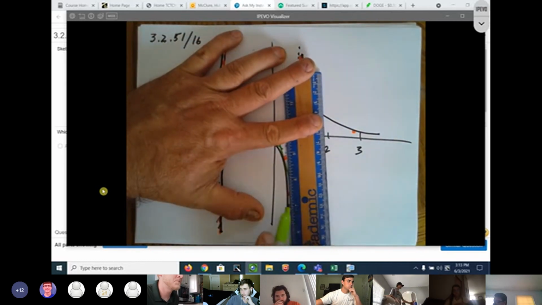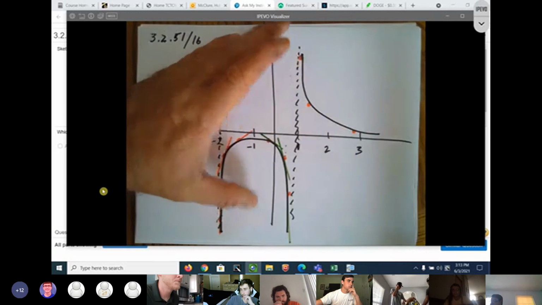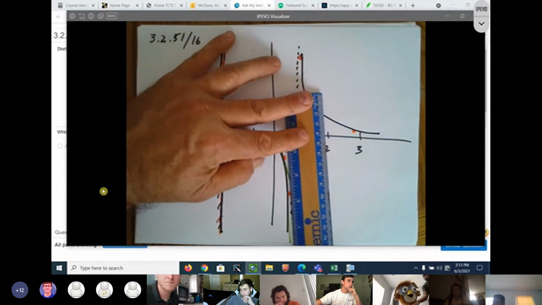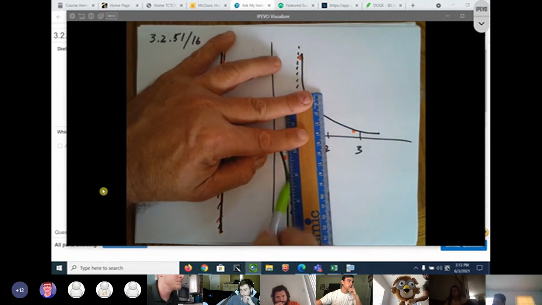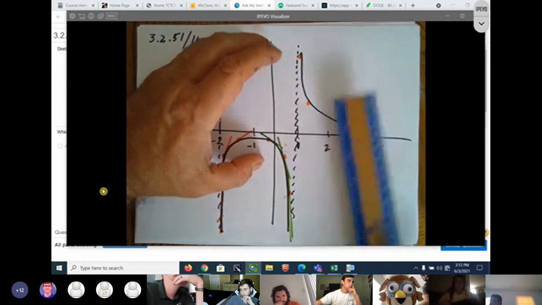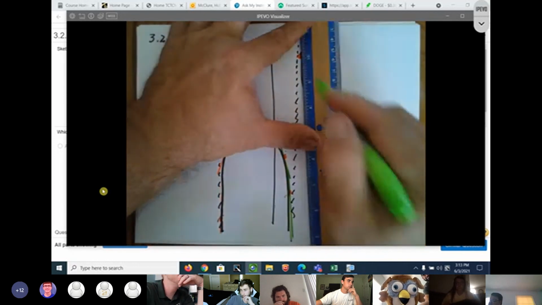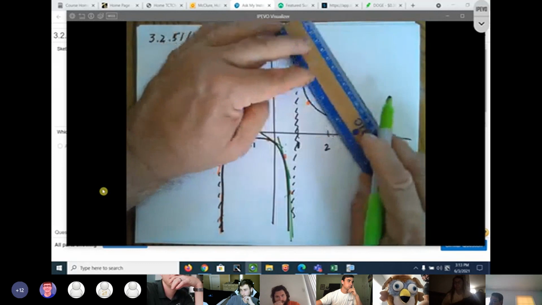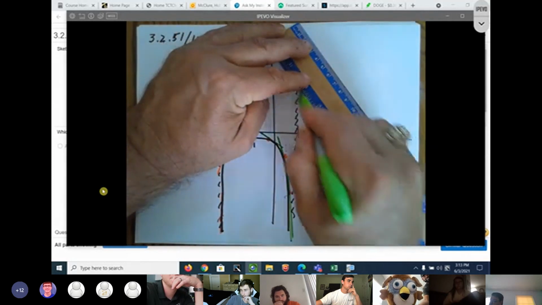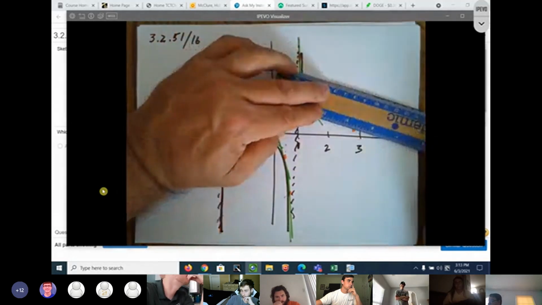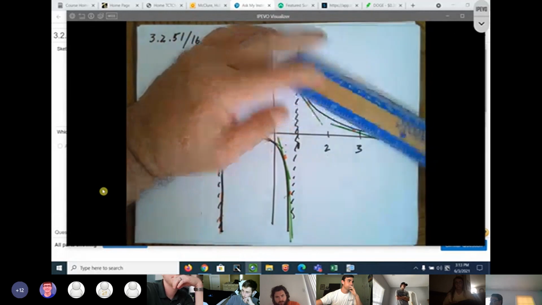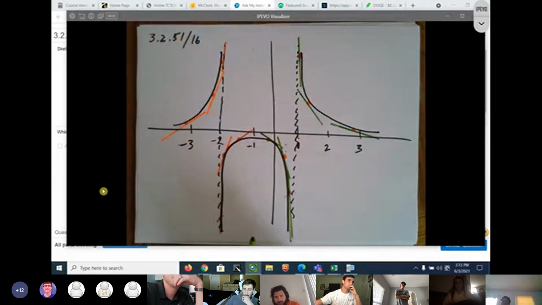I'm exaggerating this last spot. Can't hardly see it. I'll pull it out a little bit more. There we go. Now, what's happening with the orange slopes? They're all positive. There you go. All of them are positive.